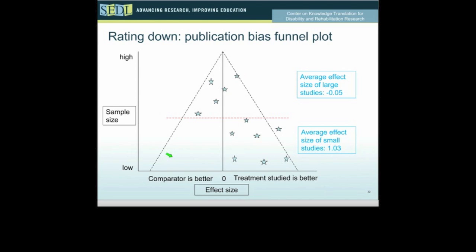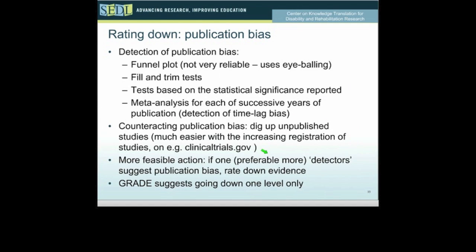GRADE is saying if they were published, they presumably would bring down the effect size from the minus 0.05 we find for the big studies, much closer to 0, while at the moment, if we just look at the small studies, we find almost without exception, high effect sizes. So GRADE says, rate down the quality of the evidence.